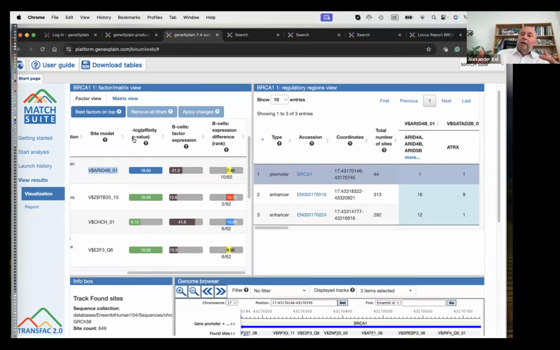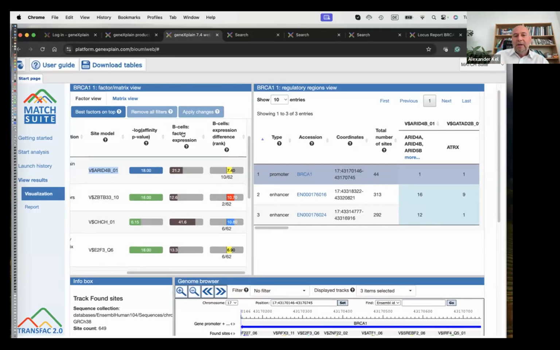And this affinity is accumulative. It's not just because of one site, it can be accumulative across the whole promoter, because for the affinity, not just one site may be playing a role, but other kinds of degenerate motifs which are around that site can also contribute to the binding affinity of that factor. And we can estimate this p-value of that affinity. And this is minus logarithm of this affinity p-value, and you see it's 18, which is very, very significant.